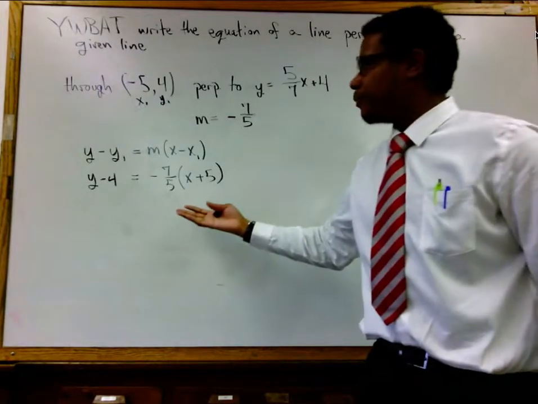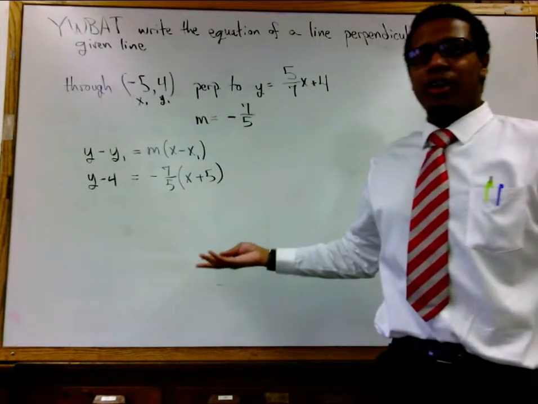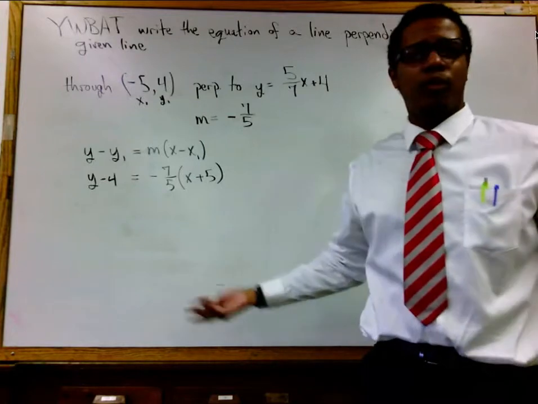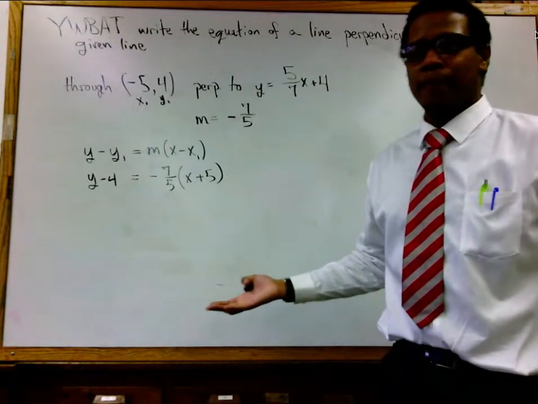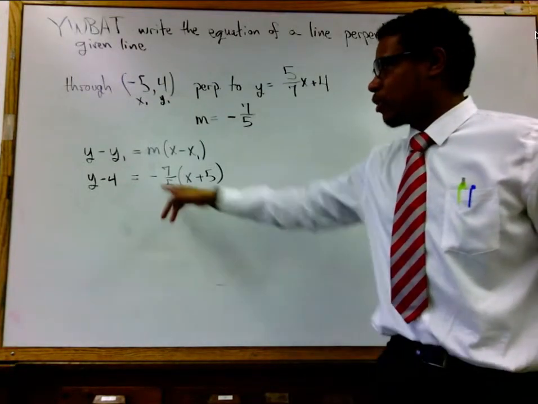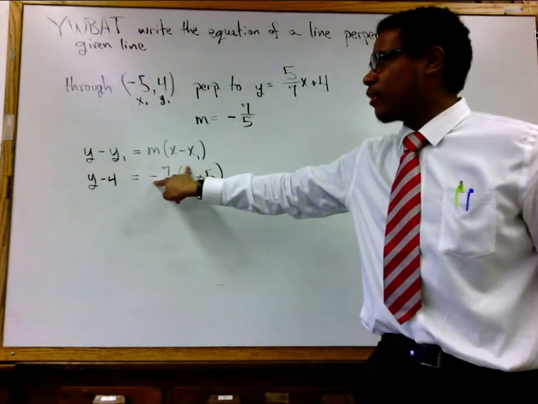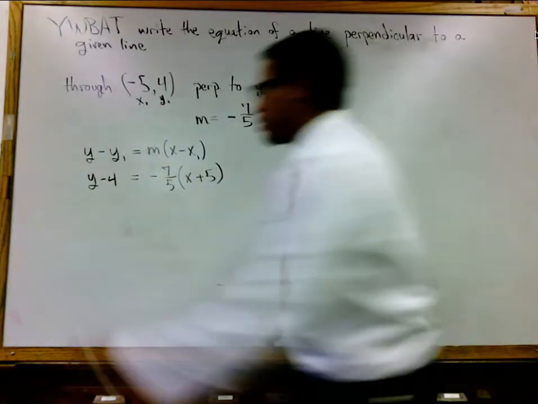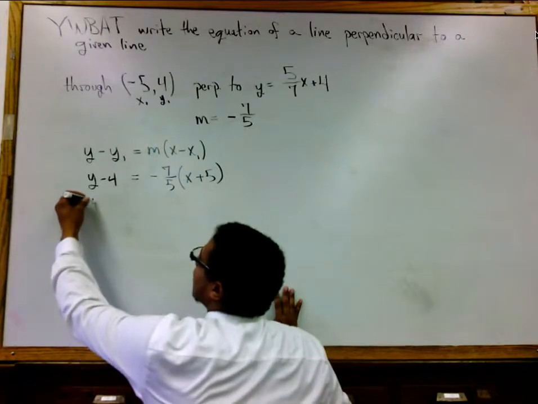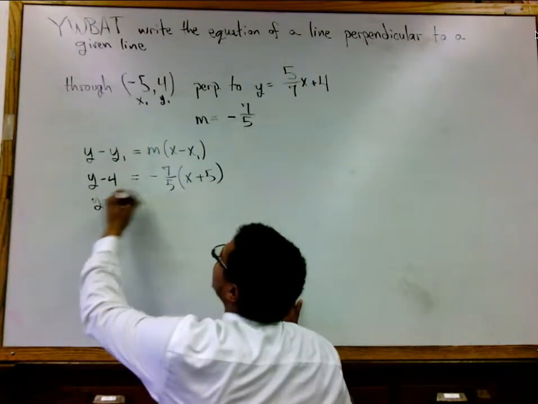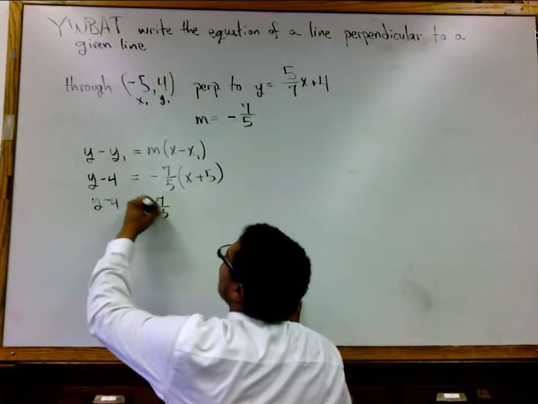And now, all we need to do is get our equation in slope-intercept form, y equals mx plus b. So why don't we start with distributing our -7/5 over here. Let's go. Y minus 4 equals -7/5x.